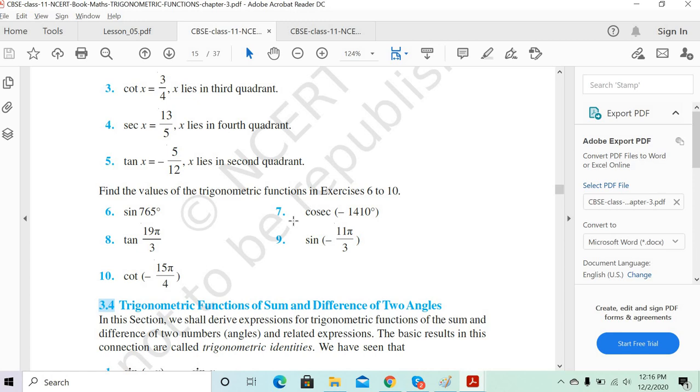Correct? Because 7 pi will lie in the third quadrant. After that, from there 150 degrees. 150 degrees, basically you are coming to the first quadrant. That means 180 minus 30 degrees.